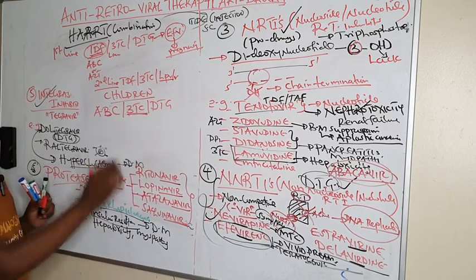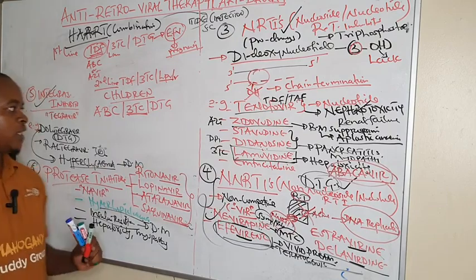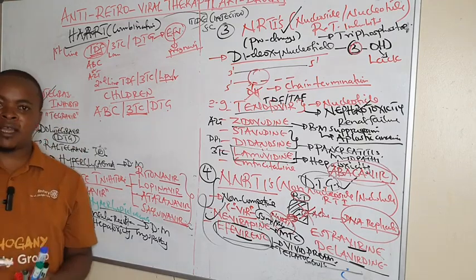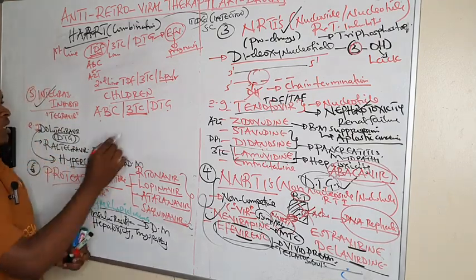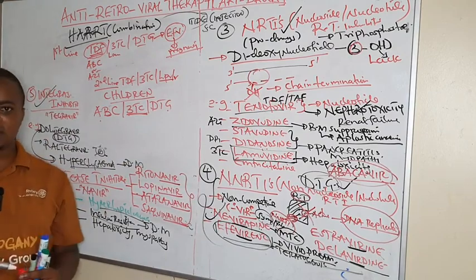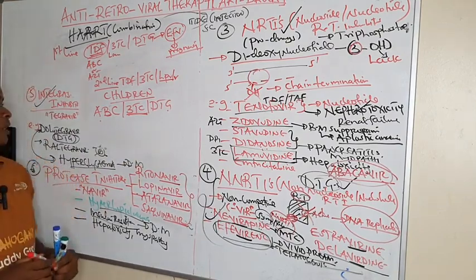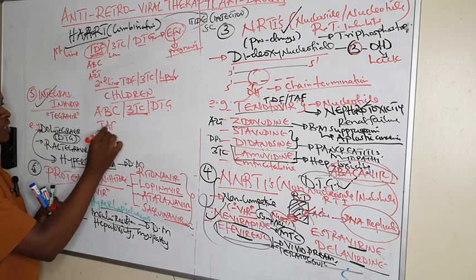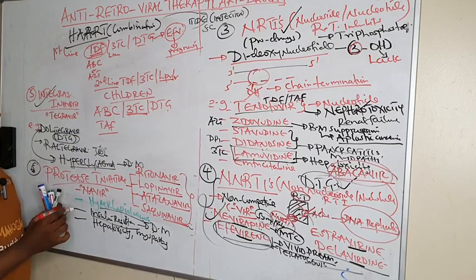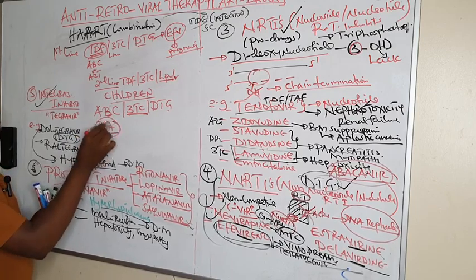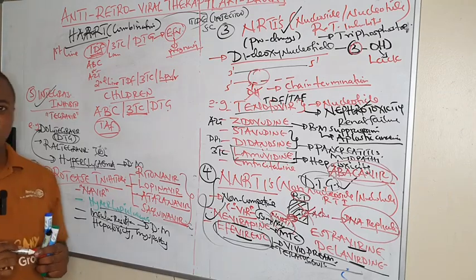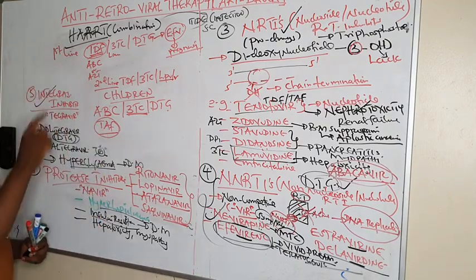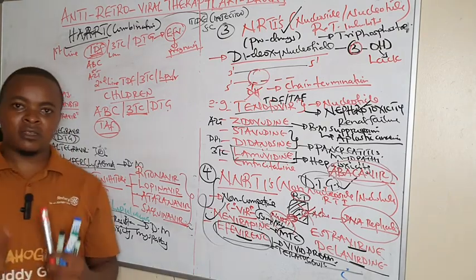Lamivudine is always constant, it rarely changes. So what can change is either the first drug or the third, due to underlying conditions, but lamivudine always remains the same. But if you cannot give abacavir, you can even give TAF. This is a form of tenofovir. You can also utilize it in children. And this is what we can tell you under highly active antiretroviral therapy.